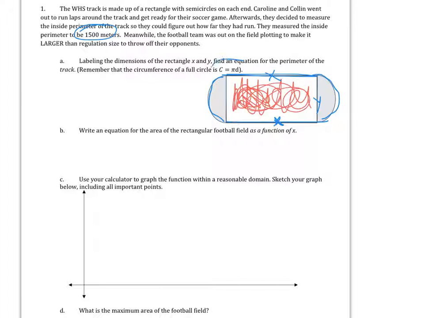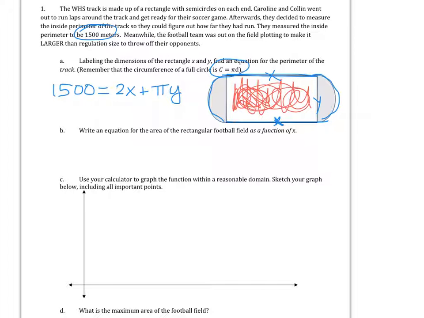Okay, and I remind you here that the circumference of a circle is pi times the diameter. And we have 2 semicircles here, so they're going to make up just 1 full circle. So the perimeter of the track, which is 1,500, is going to equal those 2 x's from the rectangle plus pi y, because y is the diameter of our circle.